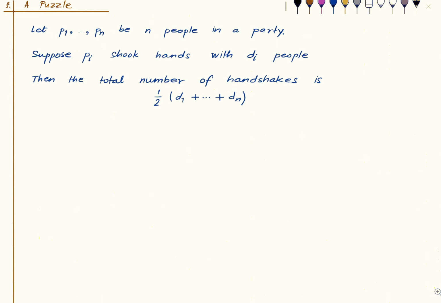So then, what is the total number of handshakes? How many handshakes happened? What is the total number of pairs of people who shook hands, if you want to phrase it that way?